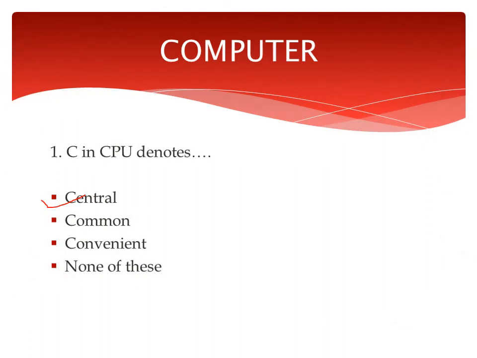First question: C in CPU denotes first, central; second, common; third, convenient; fourth, none of these. Correct answer is central.